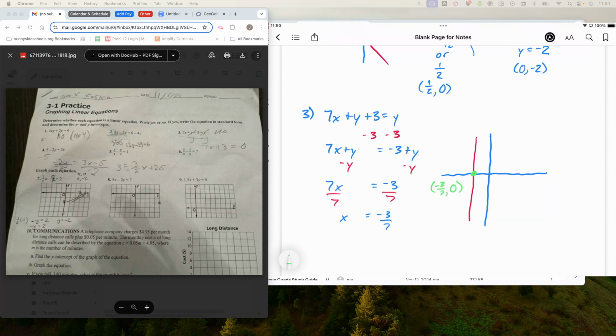And so in the case of number 3, the answer is no, and this is why. Again, it is a straight line, but it is not linear because its slope is undefined. It does not have a slope. Now, it is important to understand that a horizontal line is considered linear because it does have a slope.